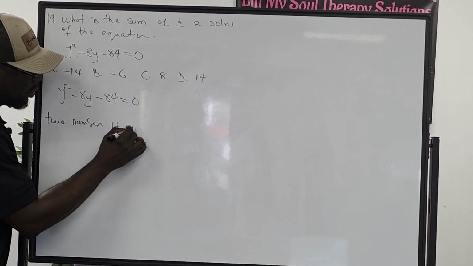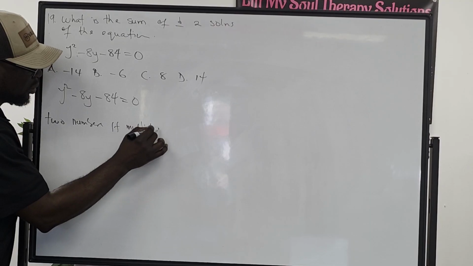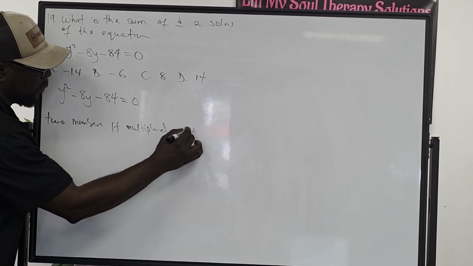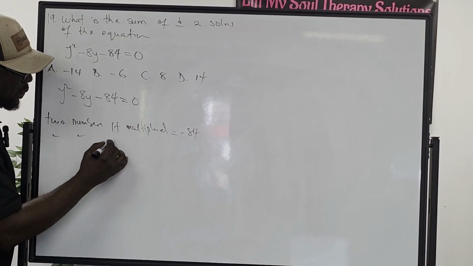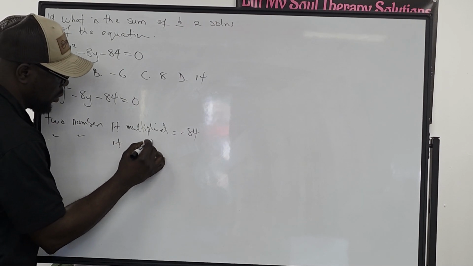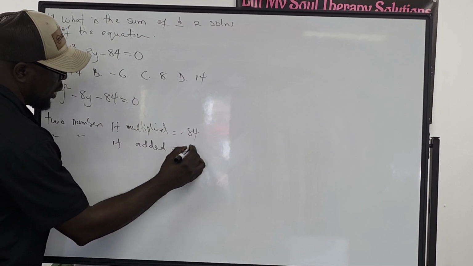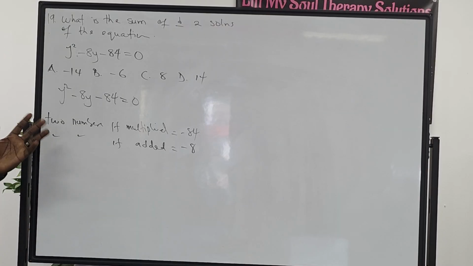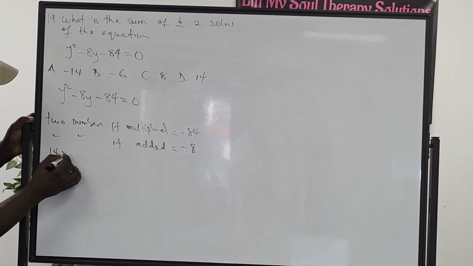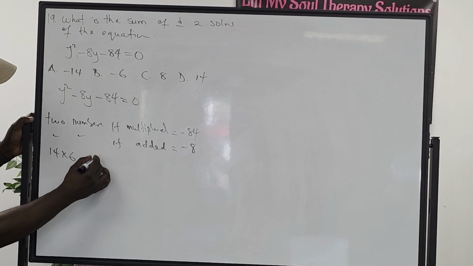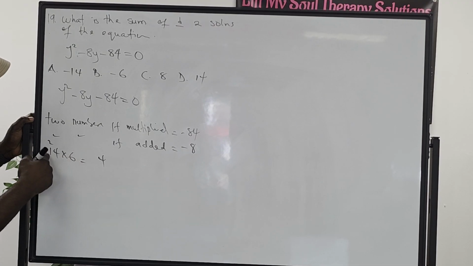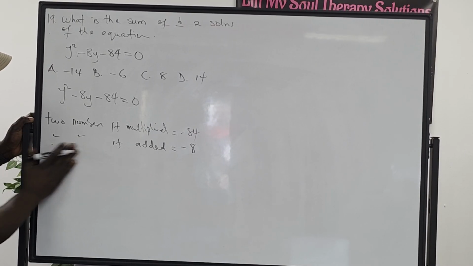I can easily come up with those numbers: 14 and 6. So 14 times 6, 6 times 4 is 24, carry 2, 6 times 1 is 6 and 2 is 8. So 84. So 14 and 6 is that number.